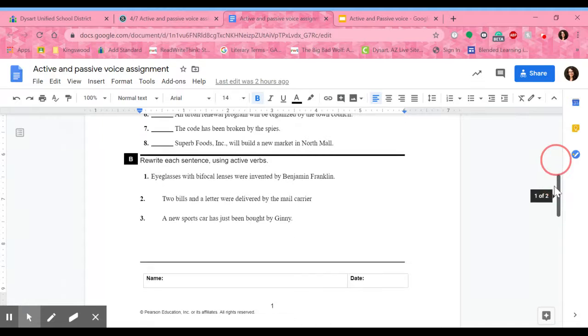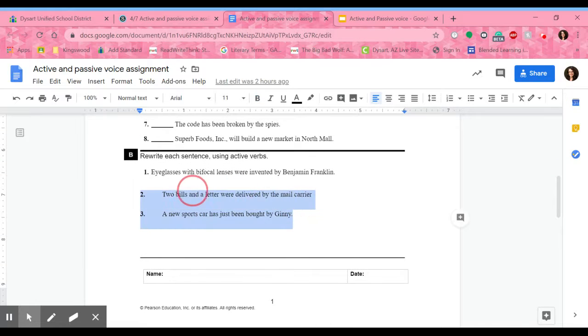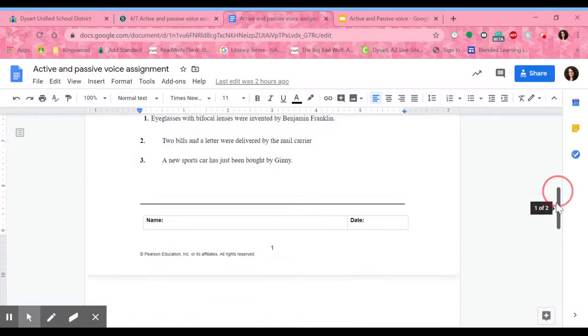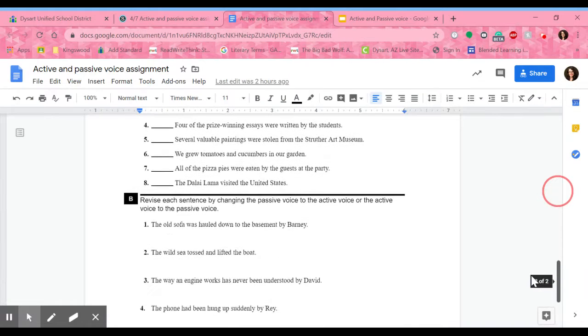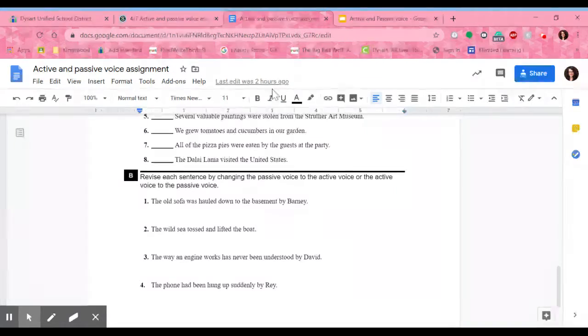These sentences down here were all written in passive voice. They want you to rewrite them in the active voice. And then same process down here. So in this case, revise each sentence by changing the passive voice to the active voice, or if it's written in active voice, they want you to change it to passive.